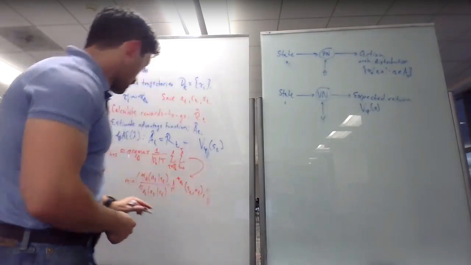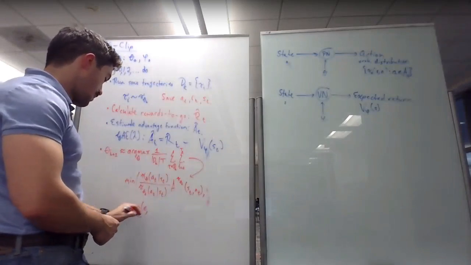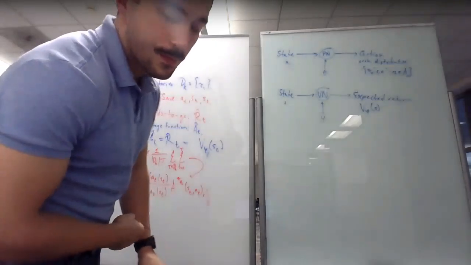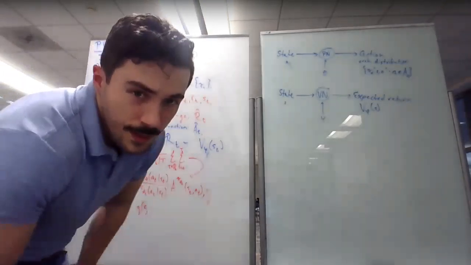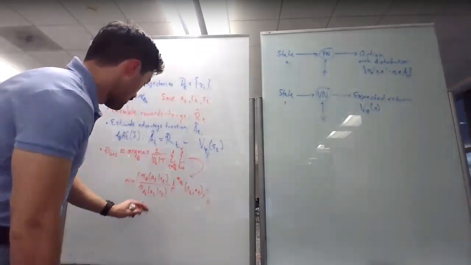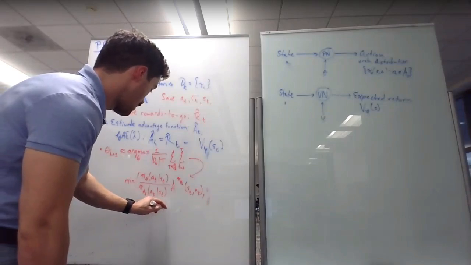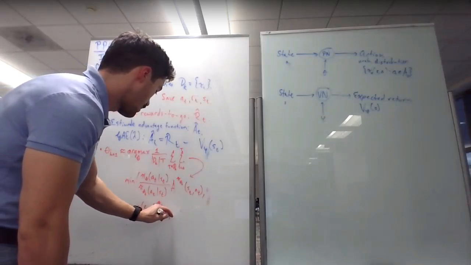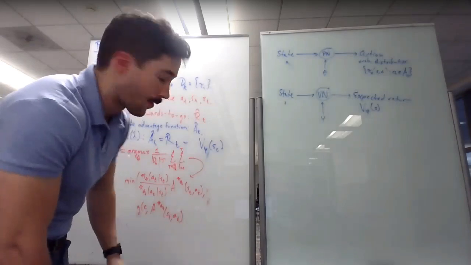So I'll put that on a new line. G epsilon. Ugly. A pi theta k of S T, A T. I think that's right. Yes.